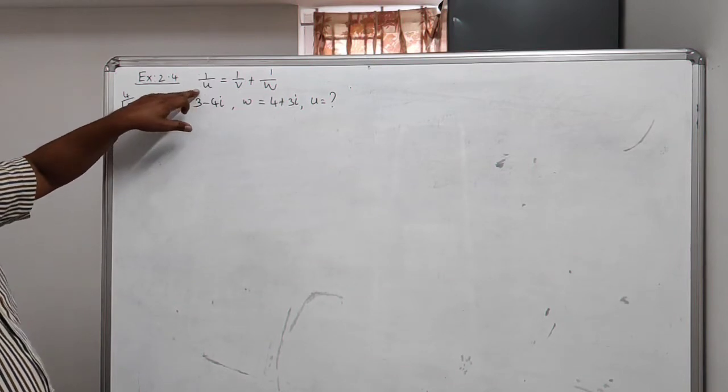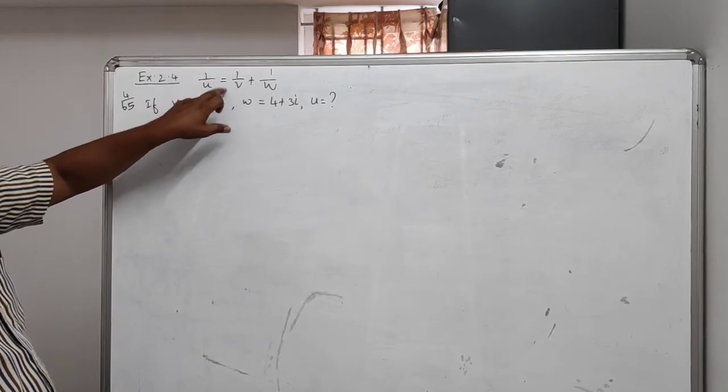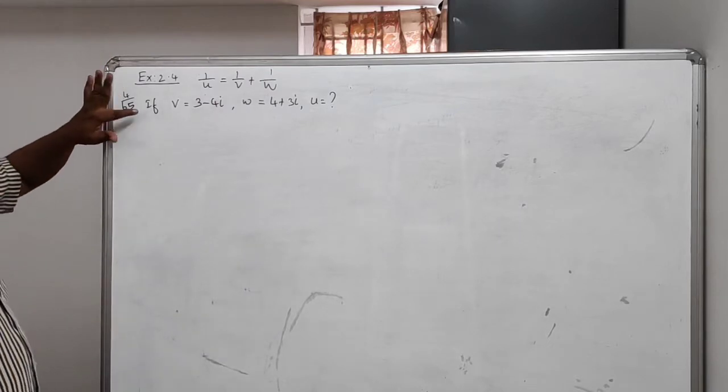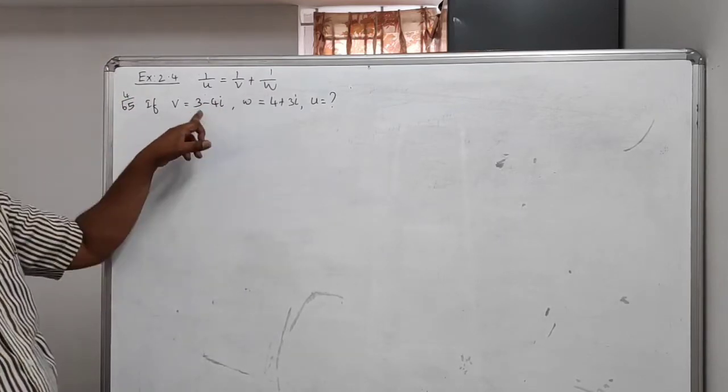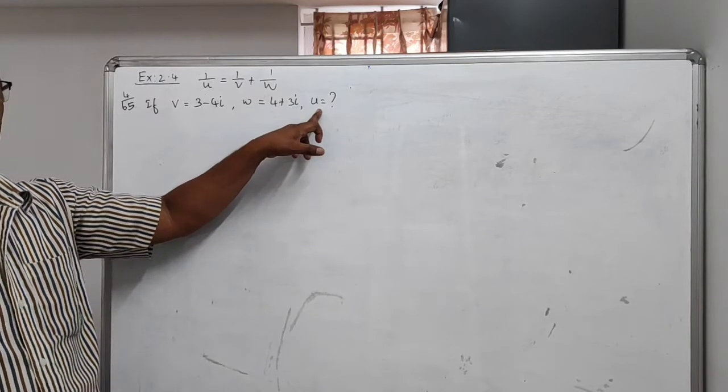For this expression, u, v and w are related by 1 by u is equal to 1 by v plus 1 by w. Now, if the values of v and w are these two, then we need to find the value of u in the rectangular form.